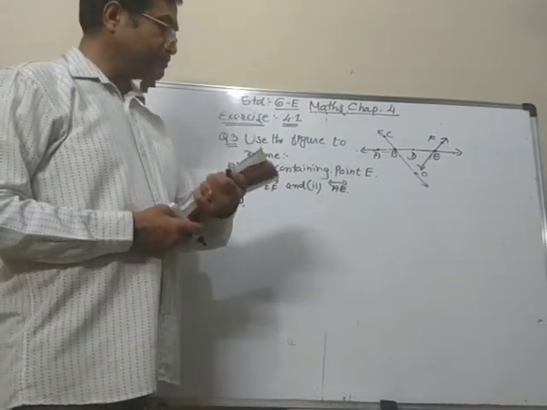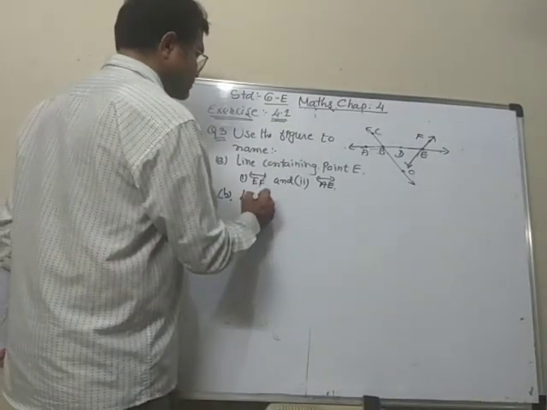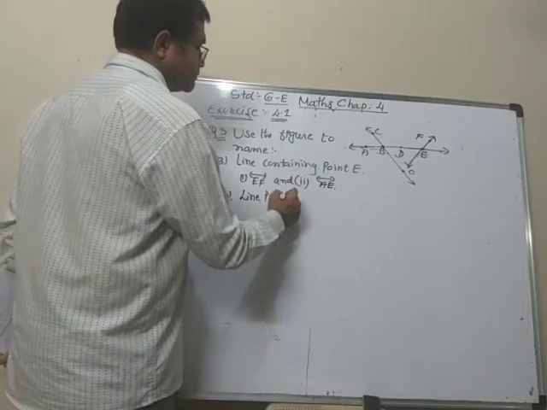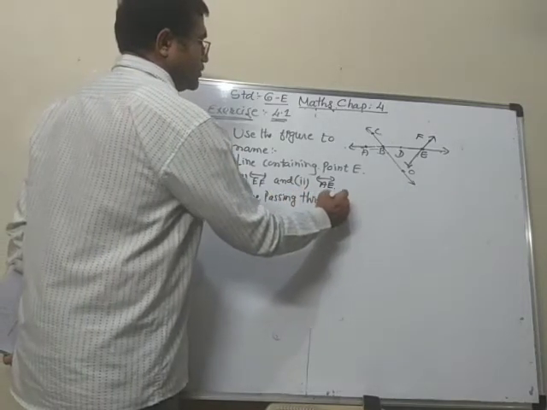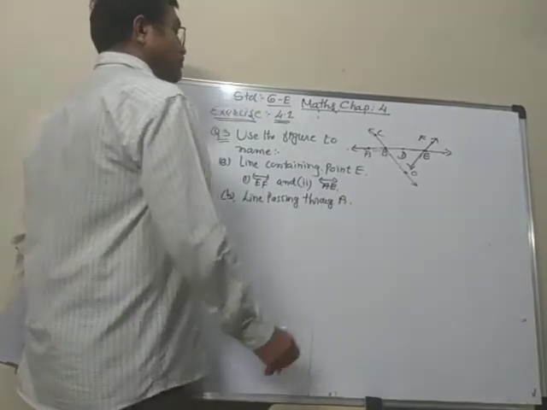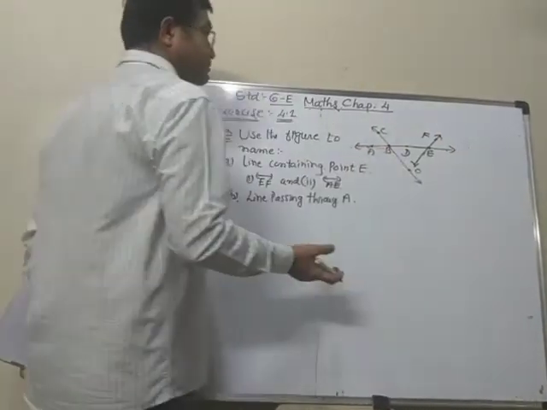Now B, line passing through A. There is only one line passing through A. What can be the name?